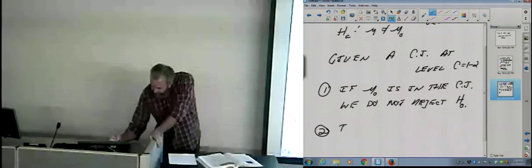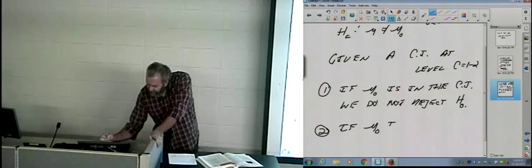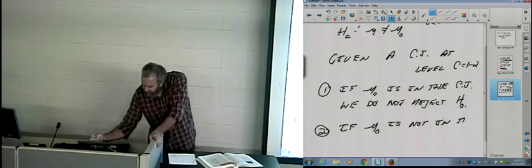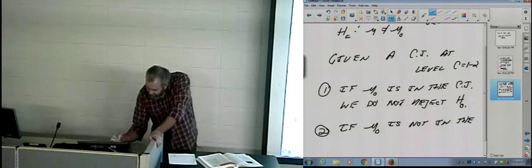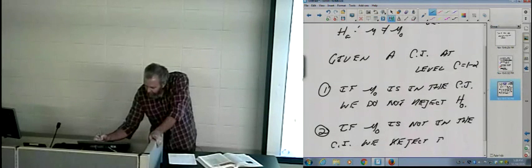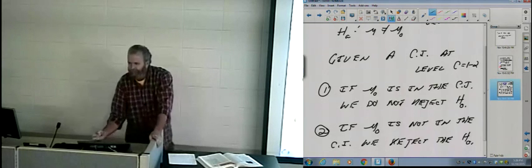Two, if the value in the null is not in the confidence interval, what do you think we do? We reject the null hypothesis.